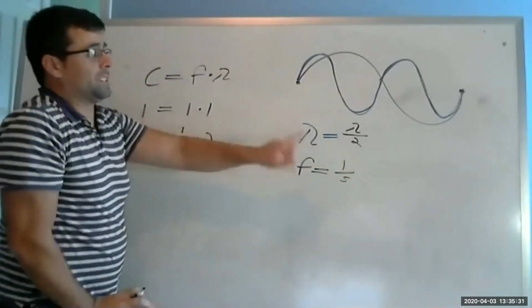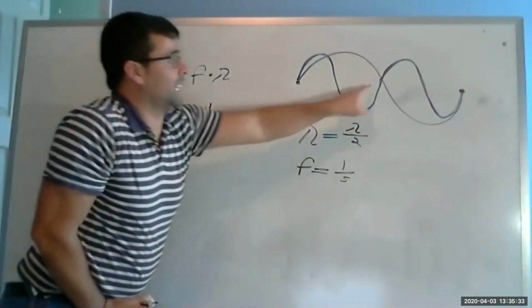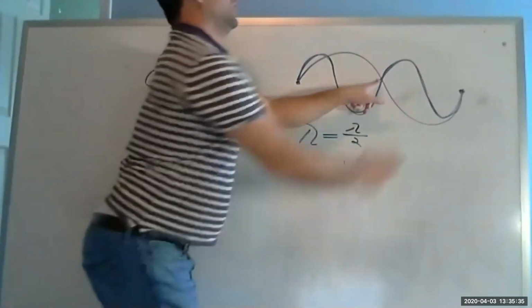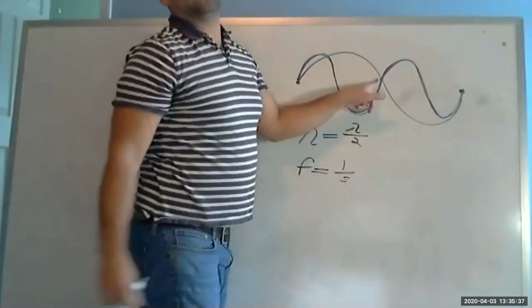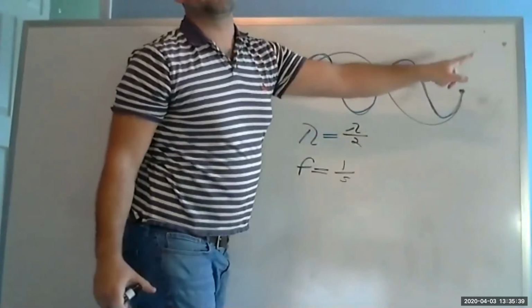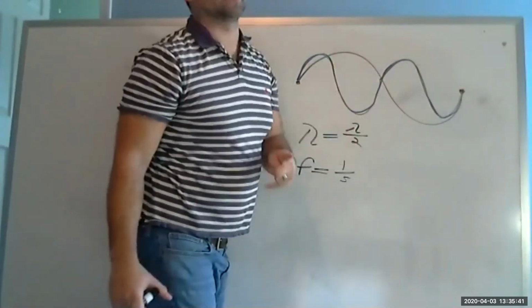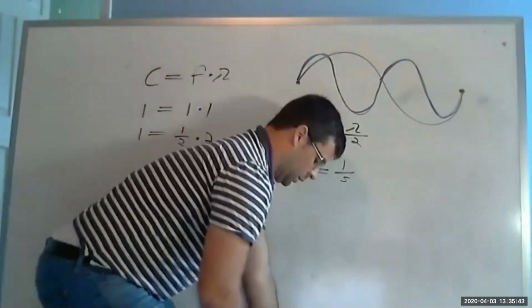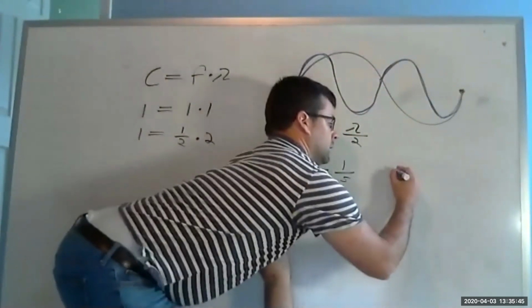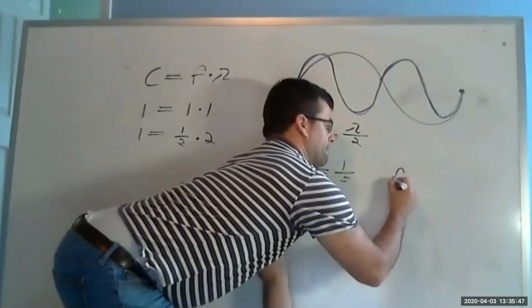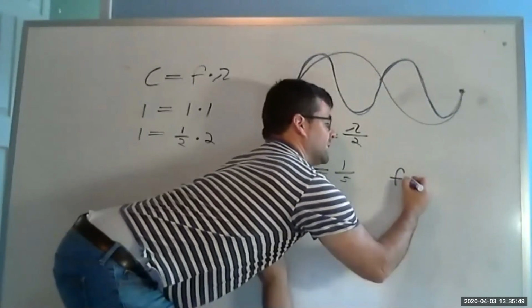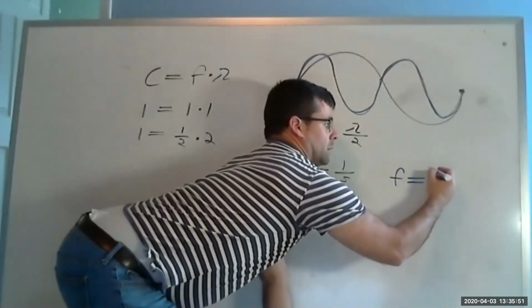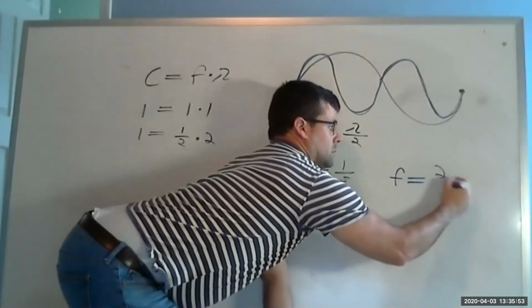Now, if the blue one has a cycle of 1 per second, it's going to end up here when the other one is here. So it needs to do 2 cycles in 1 second. So it needs to go twice the frequency.